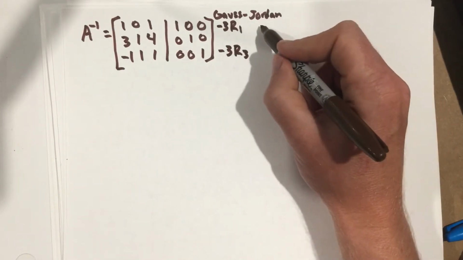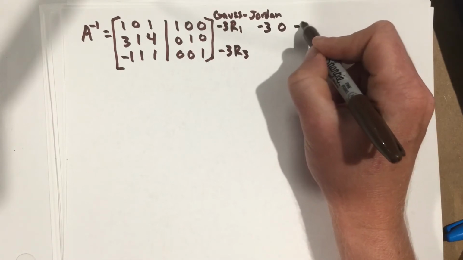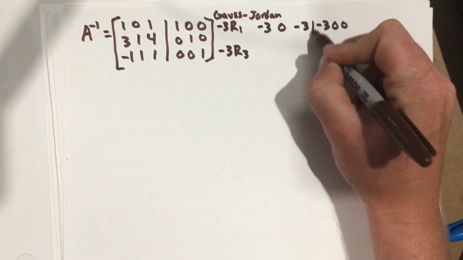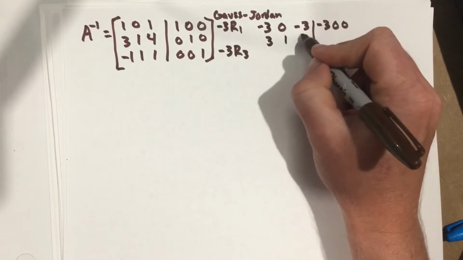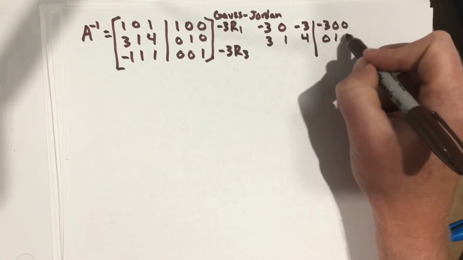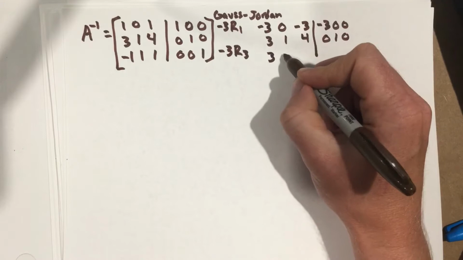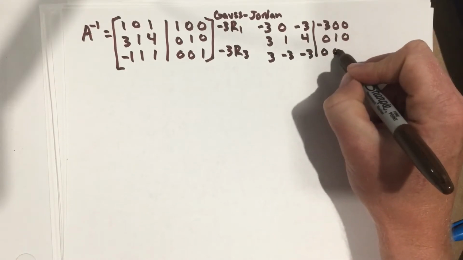And as we do this, we're going to get negative 3, 0, negative 3, negative 3, 0, 0. The middle equation stays the same. And then the bottom equation is going to be 3, negative 3, negative 3, 0, 0, negative 3.